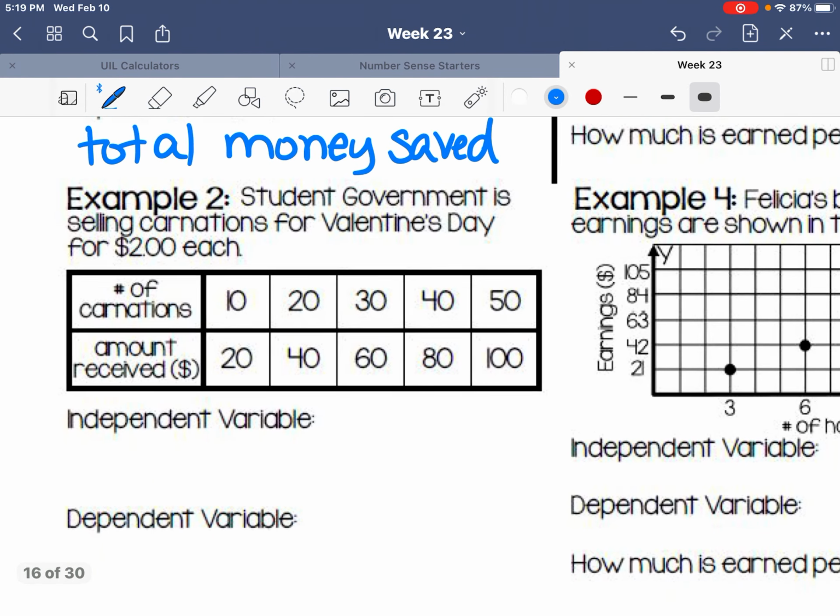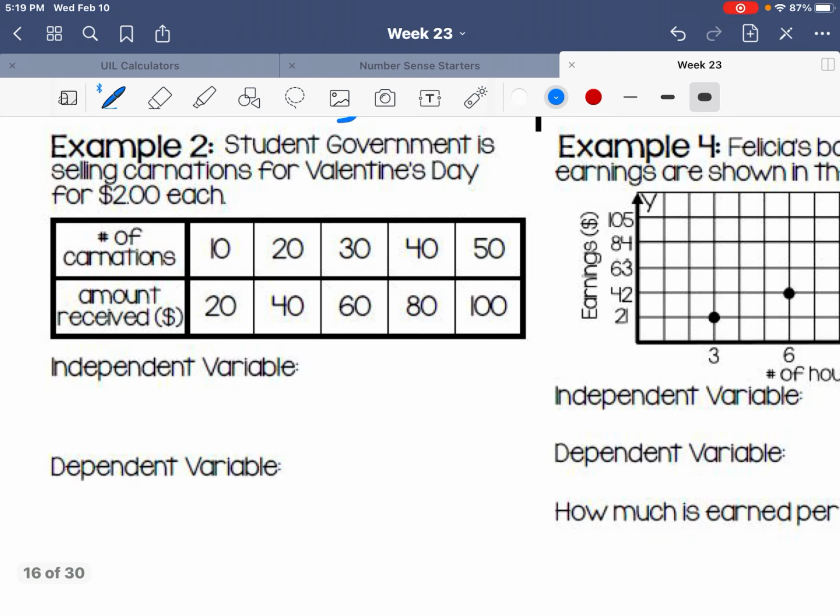Okay, let's look at example 2. Student government is selling carnations for Valentine's Day for $2 each. On the top, it says number of carnations, 10, 20, 30, 40, 50. On the bottom, it says amount received, 20, 40, 60, 80, 100. The independent variable is always on the top, so that tells me that the number of carnations is the independent variable.